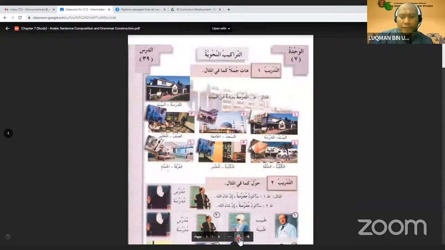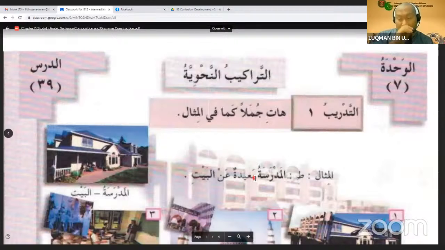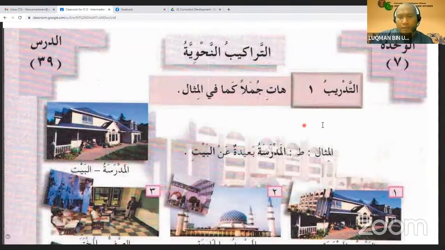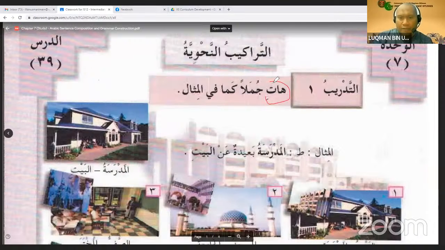Okay, so here, inshallah, we will learn some of the grammar rules, in a way that you will be able to compose or construct grammatically correct sentences directly. The first exercise: give sentences like in the example. Hat means give. The example is al-madrasa, al-bayt. So these are the two words that will be used in a sentence.